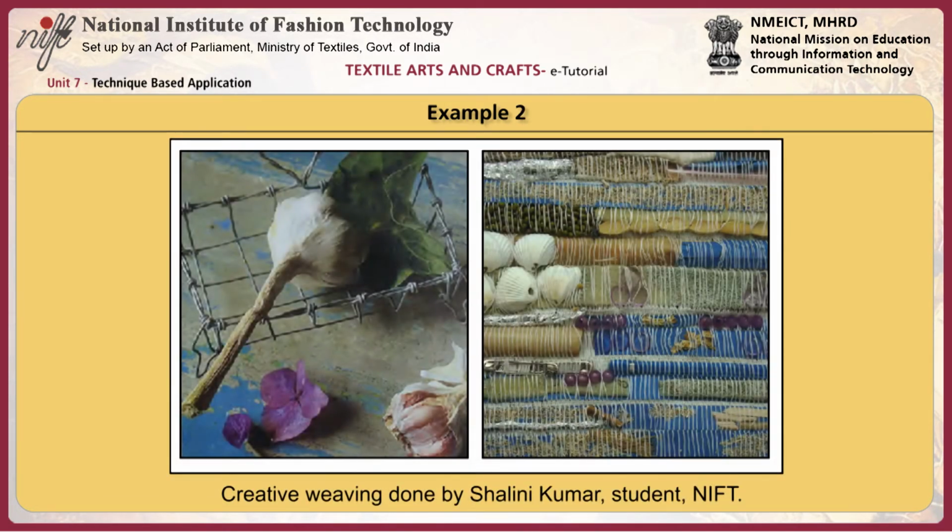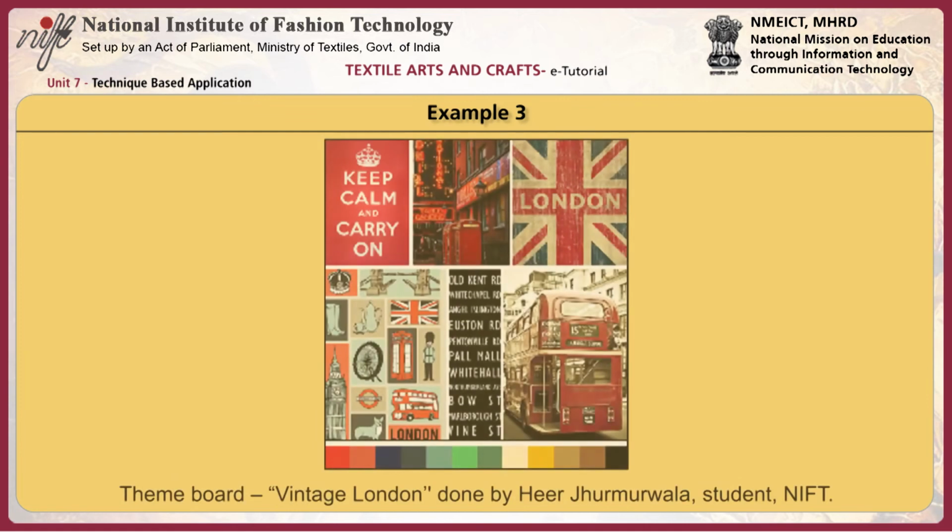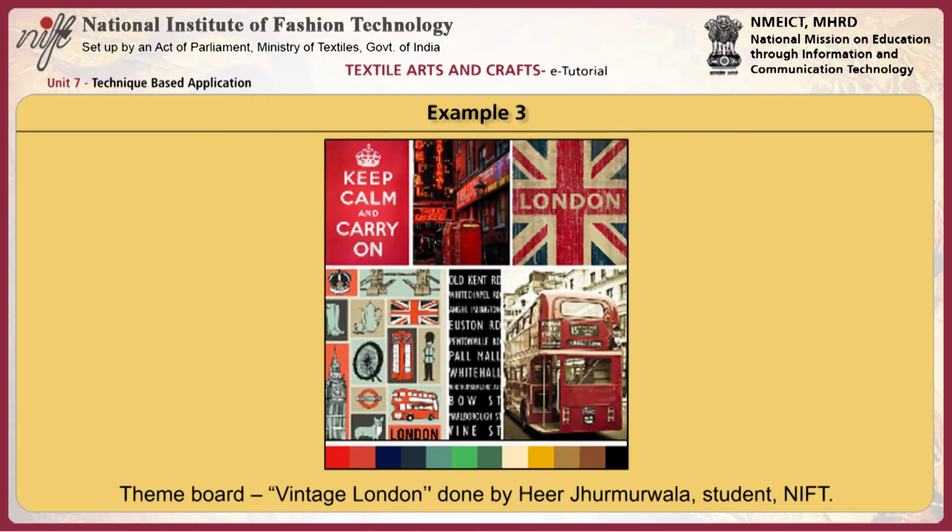An image was taken as an inspiration and many materials were collected as per the look and color of this picture. These materials were then woven in a plain weave to translate the visual quality of the image in the swatch. The city of London in its vintage era was taken as the theme for this project.